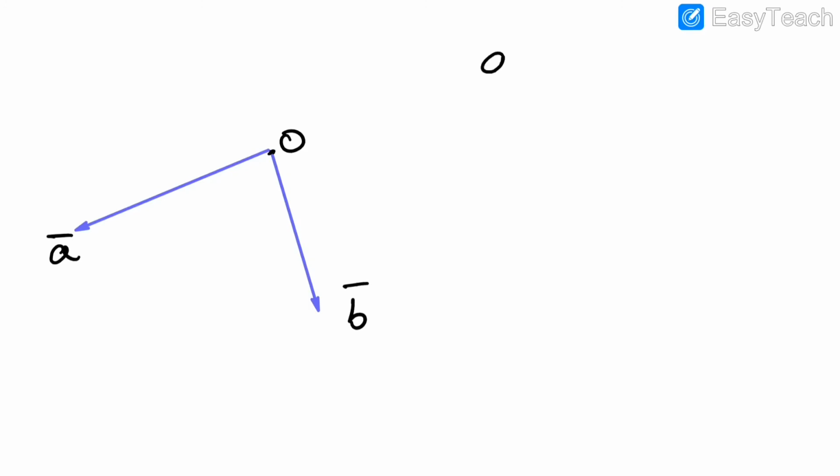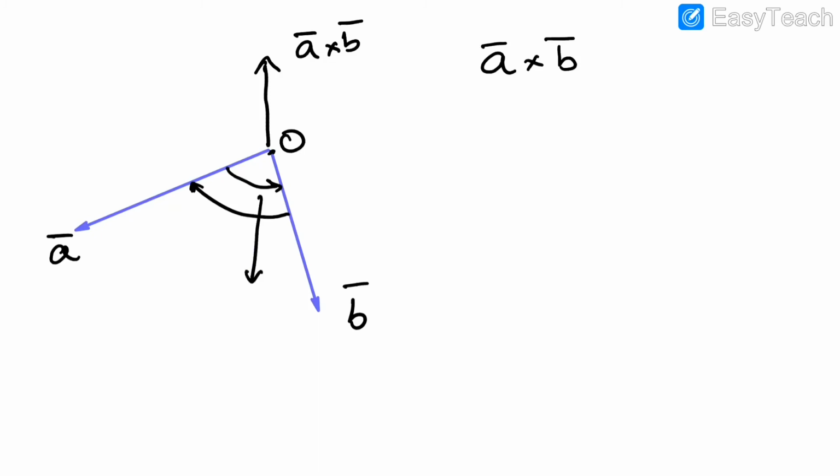So cross product of it, A cross B, while we are going from here to here, the direction of A cross B will be along this direction, right? Correct. What will be the direction of B cross A while we are going from this direction to this direction? With our right hand, the right hand thumb will point towards this direction.